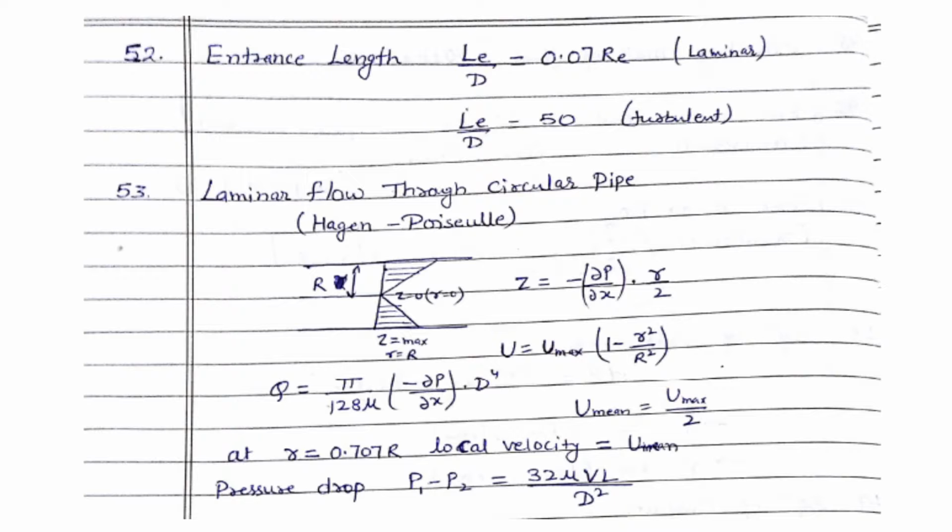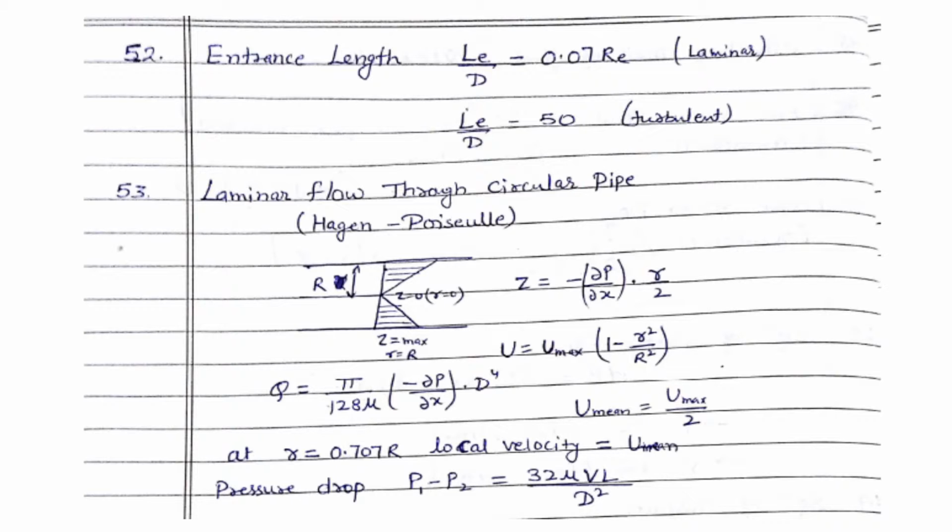Shear stress is 0 at the center, but at the pipe surface shear stress is maximum. Now the discharge can be calculated as pi divided by 128 mu multiplied by minus del p by del x multiplied by d to the power 4. And the mean or average velocity is the maximum divided by 2, half of the maximum velocity.